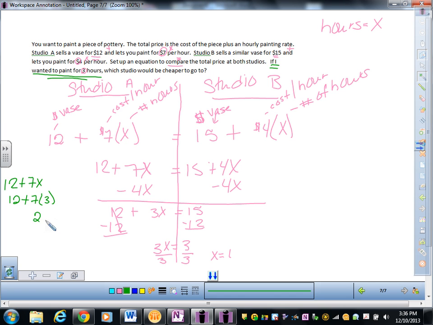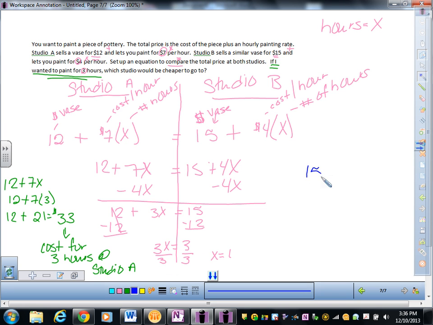That would be 21 plus 12, and that gives me $33. So at Studio A, it costs me $33 to paint for 3 hours. Cost for 3 hours at Studio A.